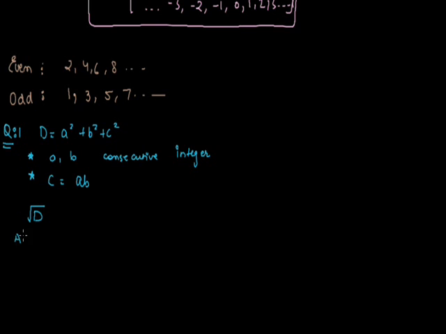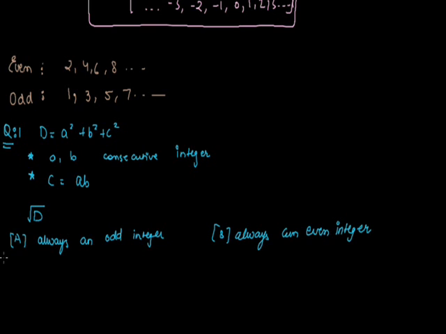The options are: always an odd integer, always an even integer, an integer, even or odd, and sometimes an irrational number.